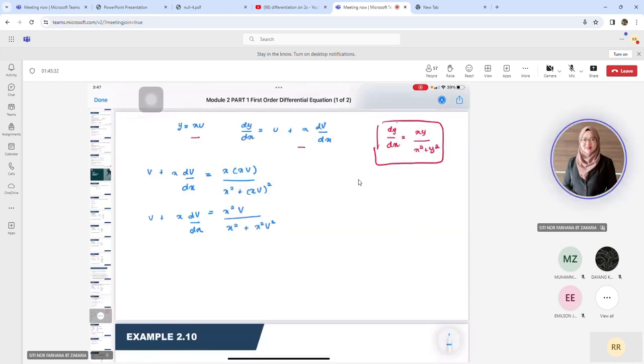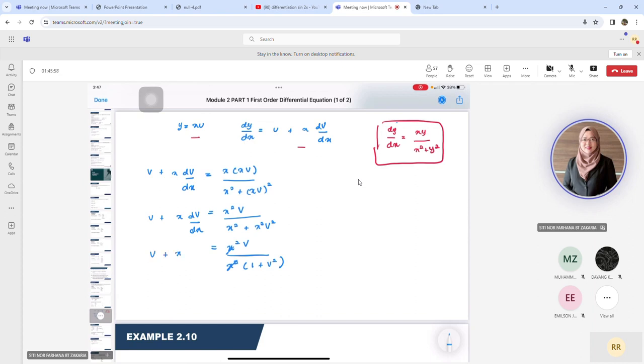Okay, and then you need to separate v variable in one side, x variable in another side. This one boleh simplify, x power of 2v over x power of 2 1 plus v power of 2. So x power of 2 can cancel out.